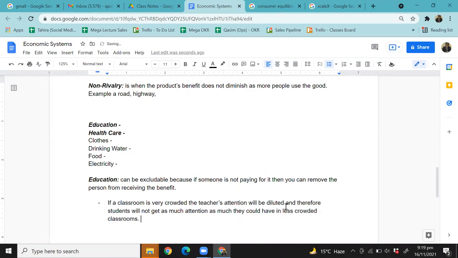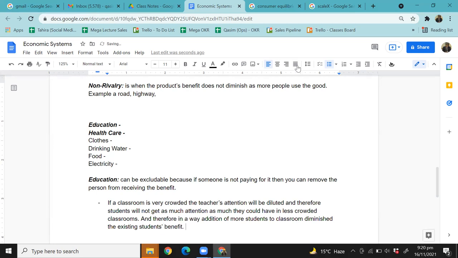And therefore, the addition of more students to a classroom diminishes the existing students' benefit.